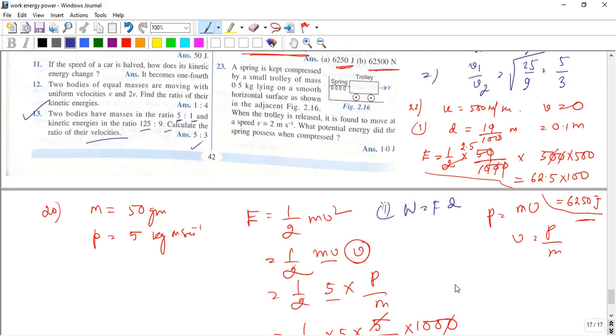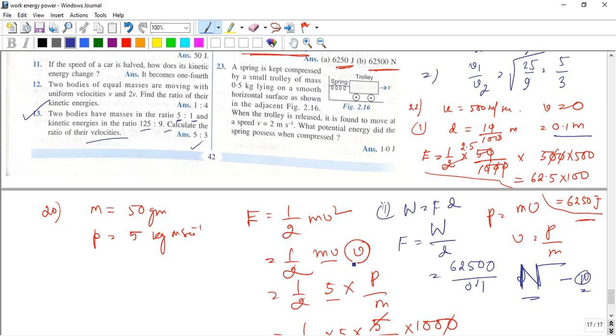So here force equal to work done over displacement, W over D. Joule over displacement, we get 0.1 meter. Convert, double zero. Sorry, that's Newton. Okay, 62500 Newton.